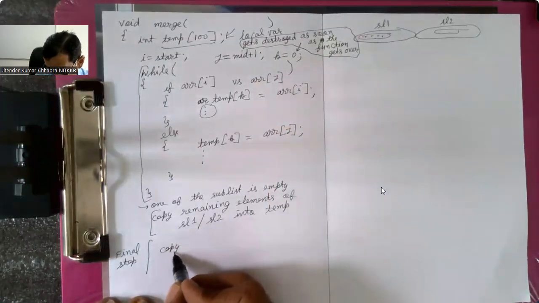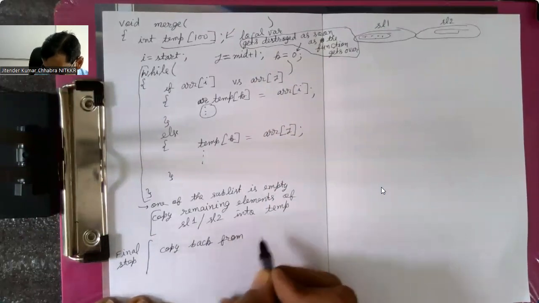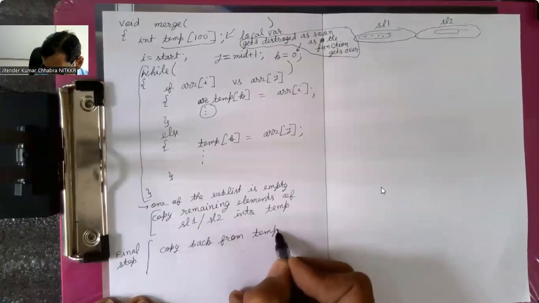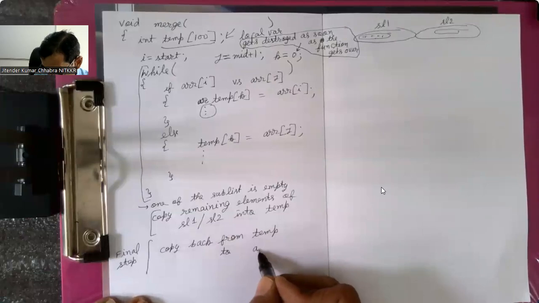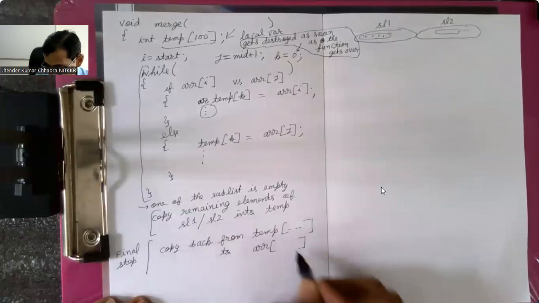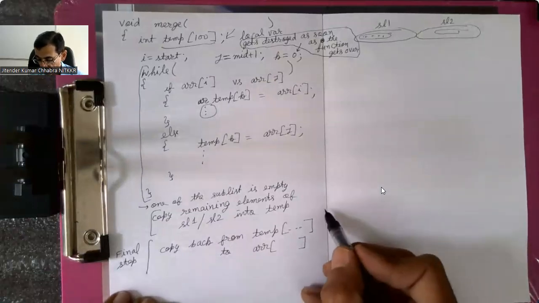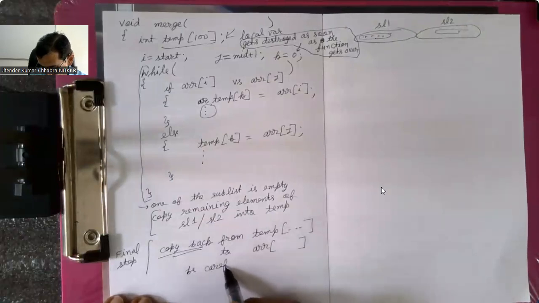So copy back from temp to ARR. Now you have to be careful in this copying back. Be careful about the indexes.